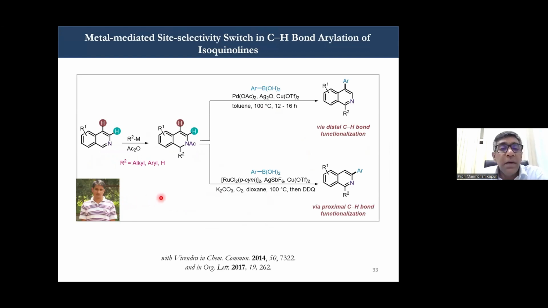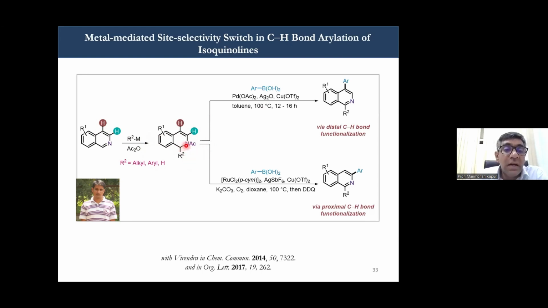The same concept we employed when we were looking into the isoquinolines. So isoquinolines can now be functionalized at the C1 position as well as the C4 position. It's very difficult to functionalize at these positions under normal circumstances.